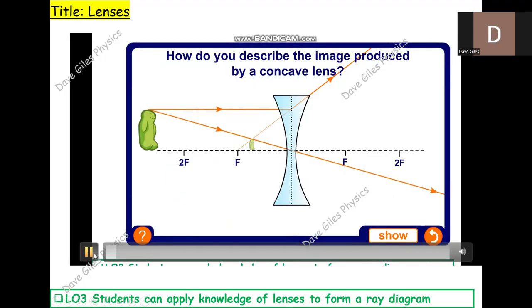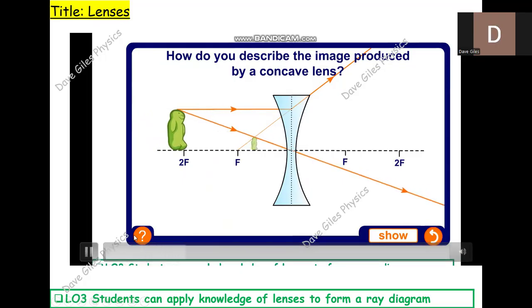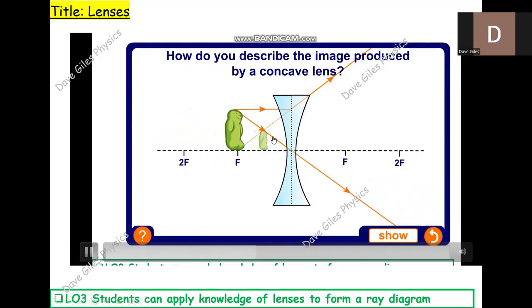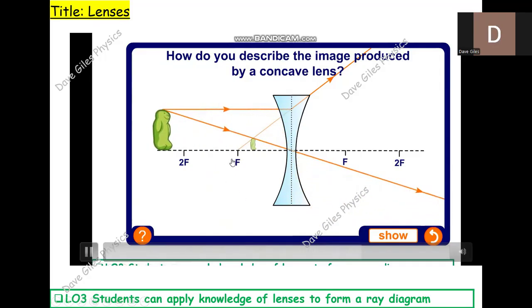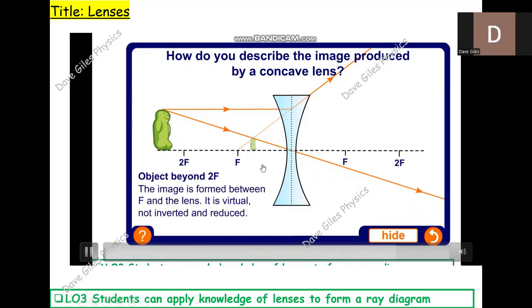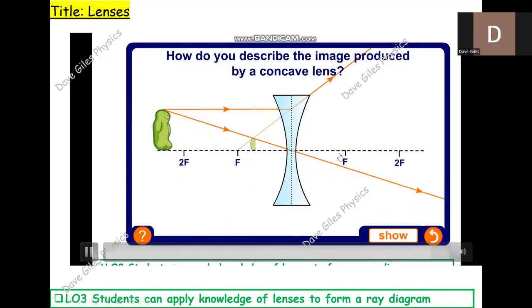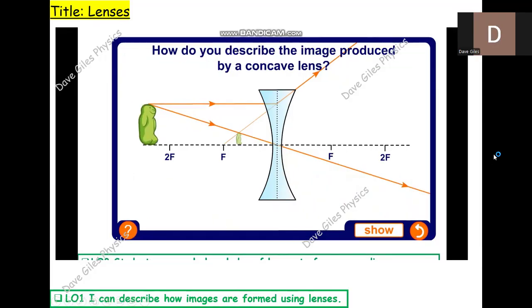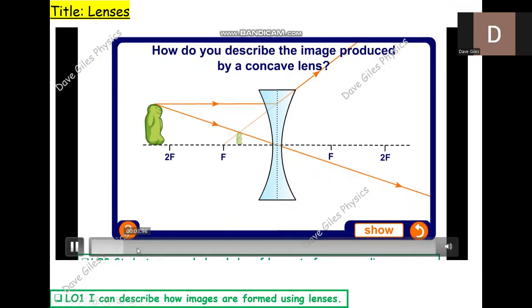So again, let's have a look at the image formed. You can see now it's never bigger than the original object, so it's never magnified. So if I just skip ahead, you can see here the image always has the same qualities.